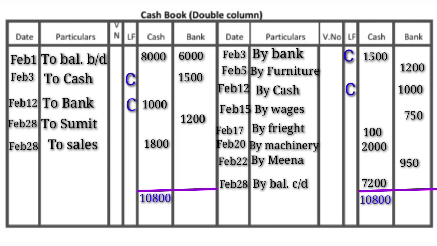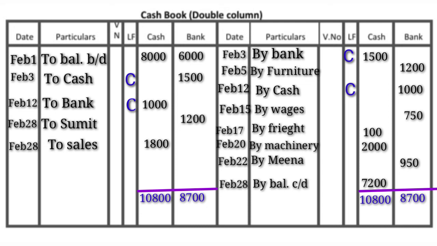Okay. Now we can balance the bank column. In debit side of the bank column total amount is 8,700 and credit side is coming 3,900. So debit side is more amount. This 8,700 we can write both sides, debit side and credit side 8,700 and the balance amount is rupees 4,800.